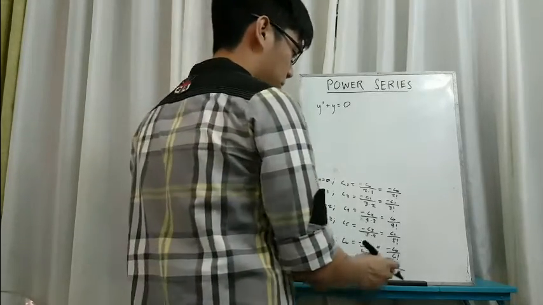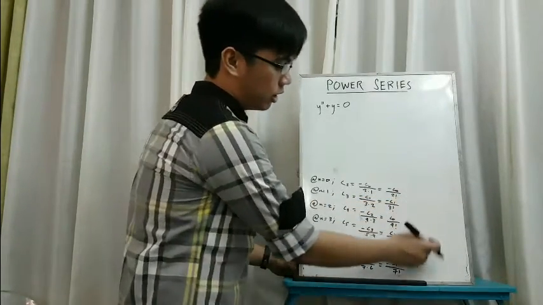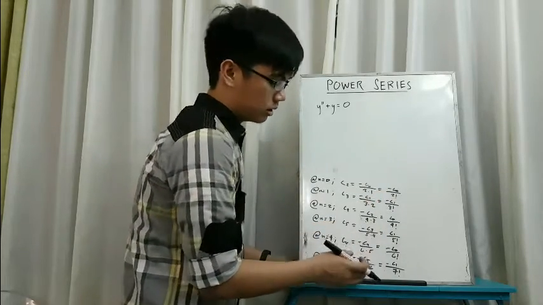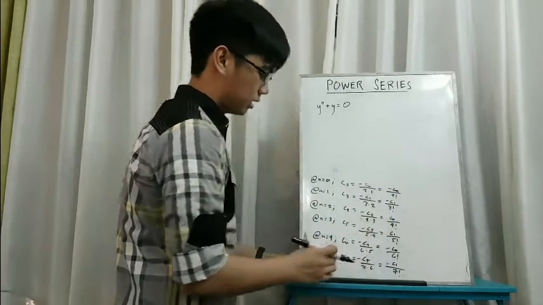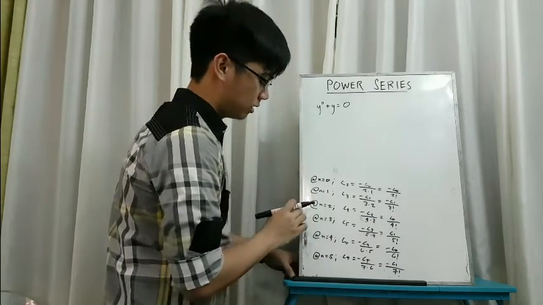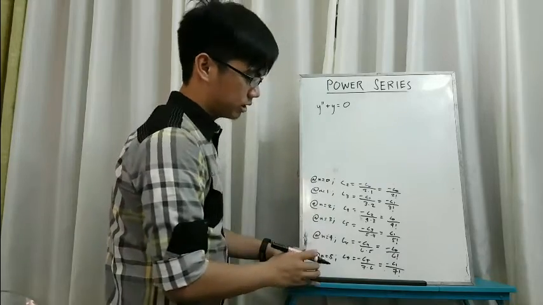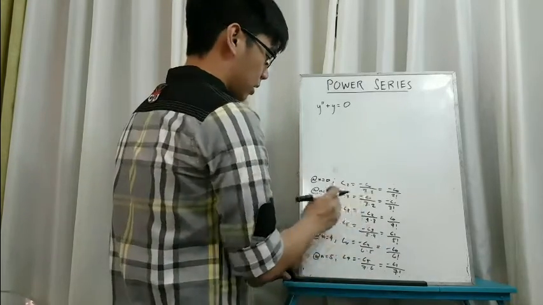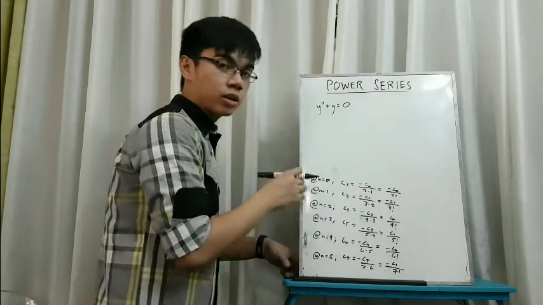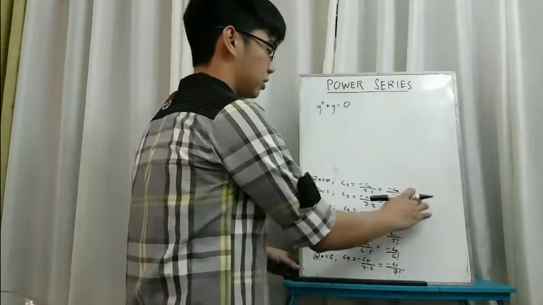If you see the pattern here, C0 and C1 are alternating as n increases. If n is equal to 0, 2, 4, or even numbers, it is C0.